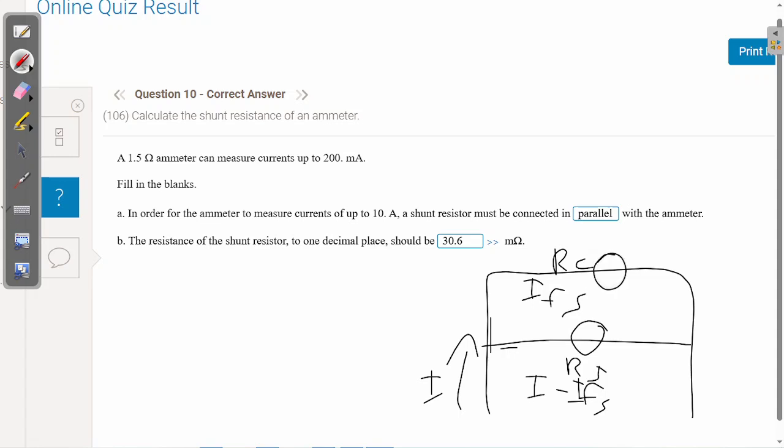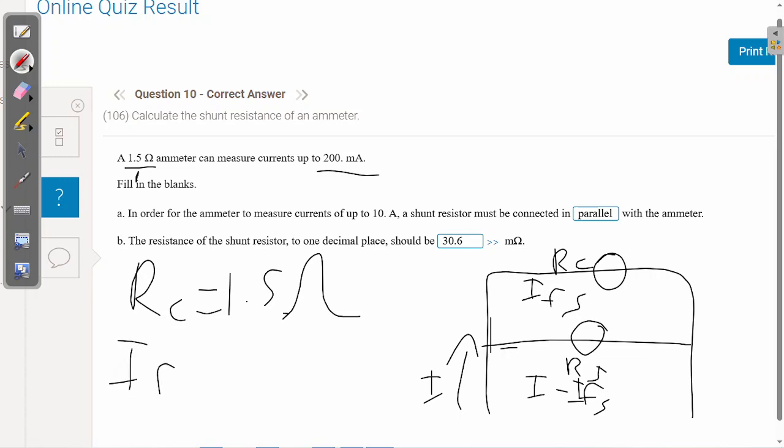So here they want you to find the resistance of the shunt resistor, and they give you a 1.5 ohm ammeter. This resistance is what? This is R_C, so R_C is equal to 1.5. Whenever they give you the resistance of the ammeter, it's R_C. And then currents up to 200 milliamperes. This is the full scale.